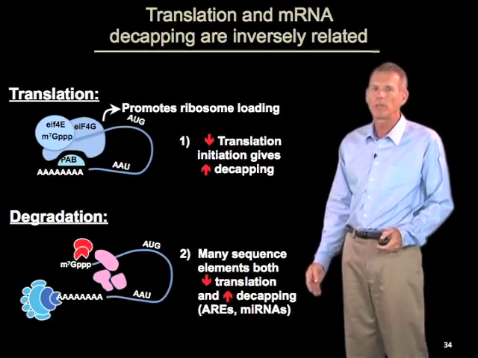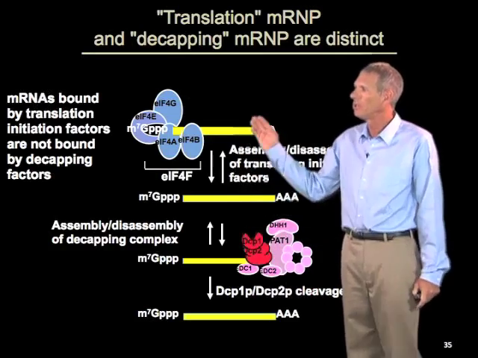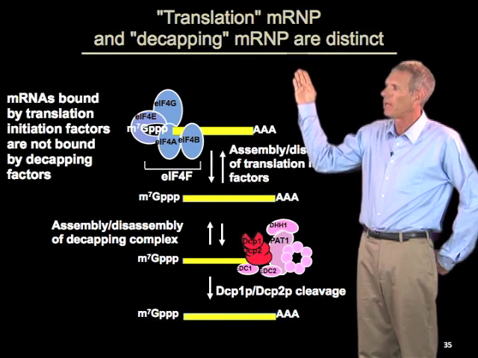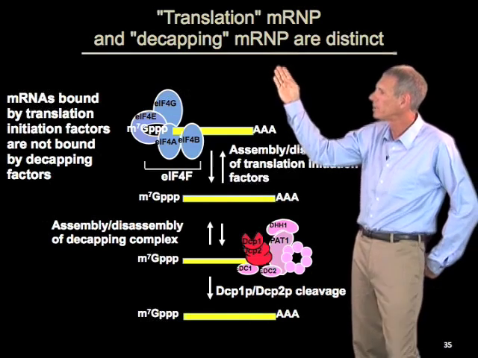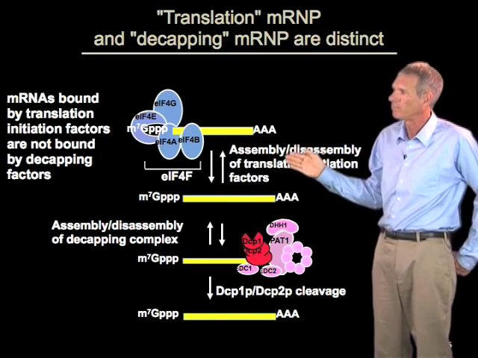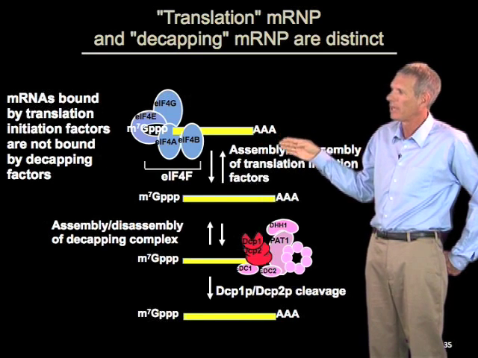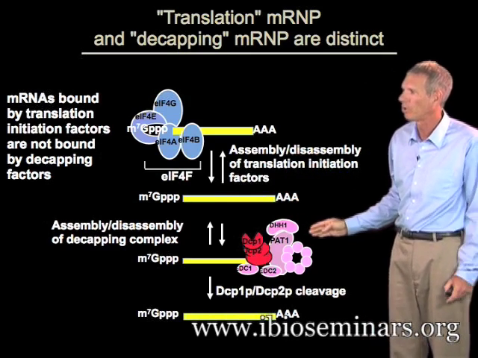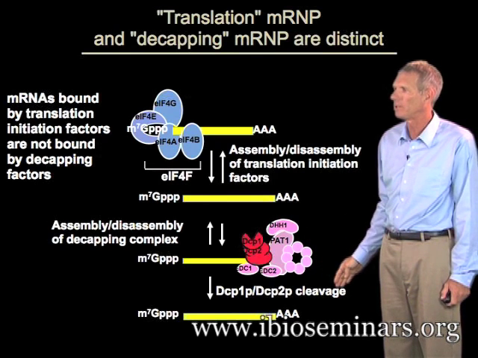The way we've interpreted this in general is that there are really 2 different types of RNA protein complexes existing in the cell. And what I'll call the translation mRNP and the decapping mRNP really are distinct. For example, here would be one type of the translation RNP, and it would have to disassemble this translation initiation complex to form an alternative complex, in this case with the decapping complex, in order to be degraded.